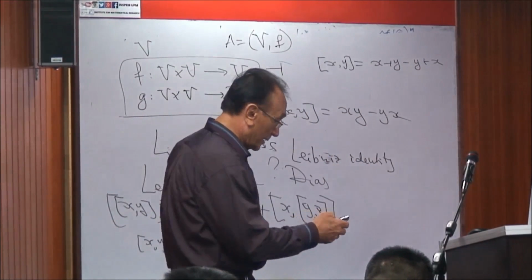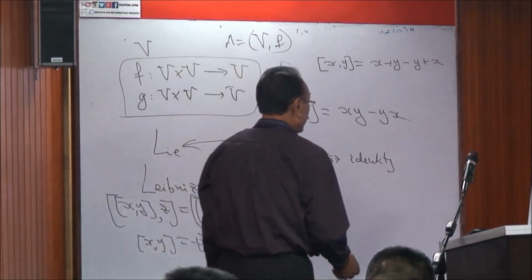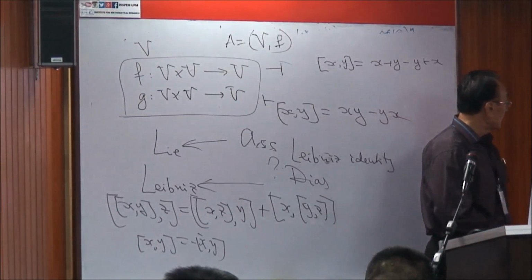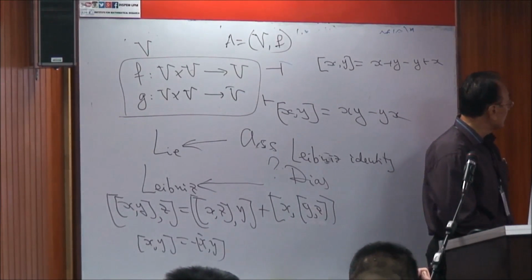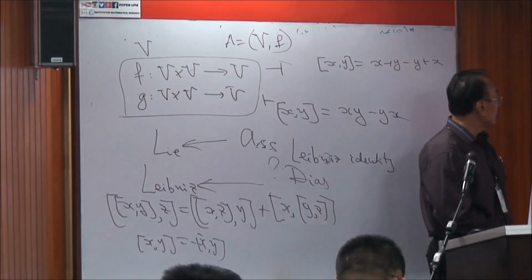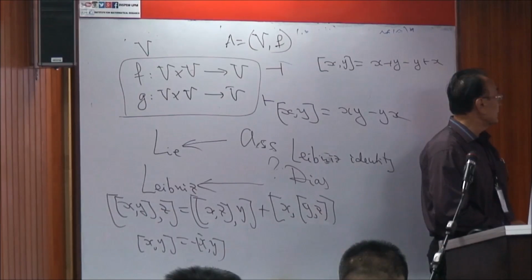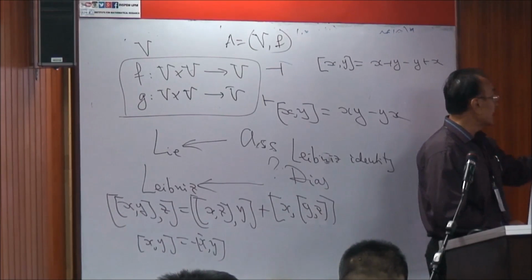Then plus some identities must be satisfied. So here is the definition of associative dialgebra. An associative dialgebra is a vector space with two associative operations.